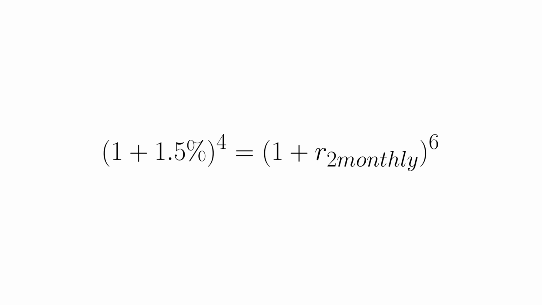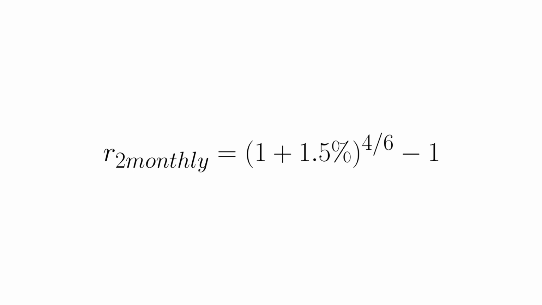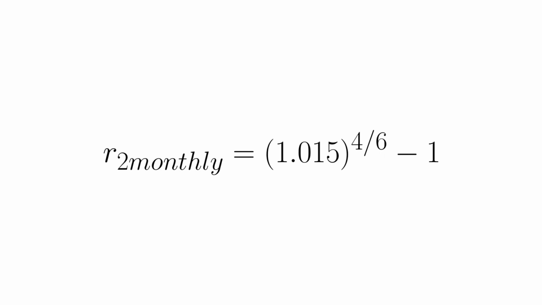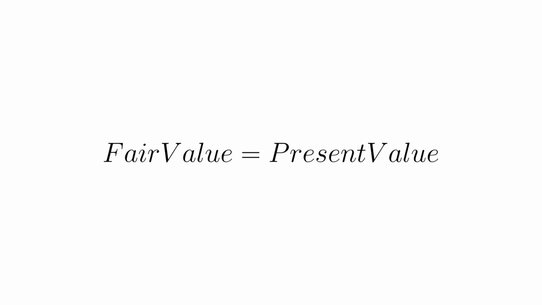On the right-hand side, we will have R2, the 2-monthly rate. Because it is every 2 months, our number of periods n will be 6, since 12 divided by 2 equals 6. So we solve for our 2-month rate, and we get that the result is going to be 0.0099. And that is all we needed.